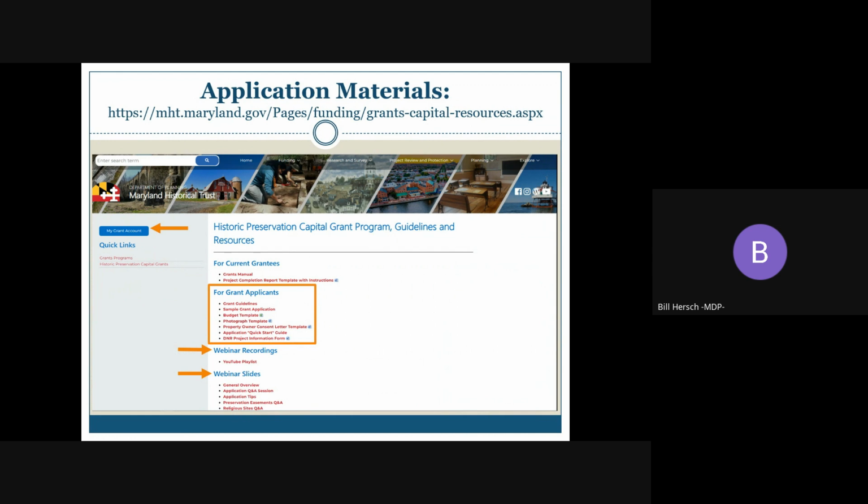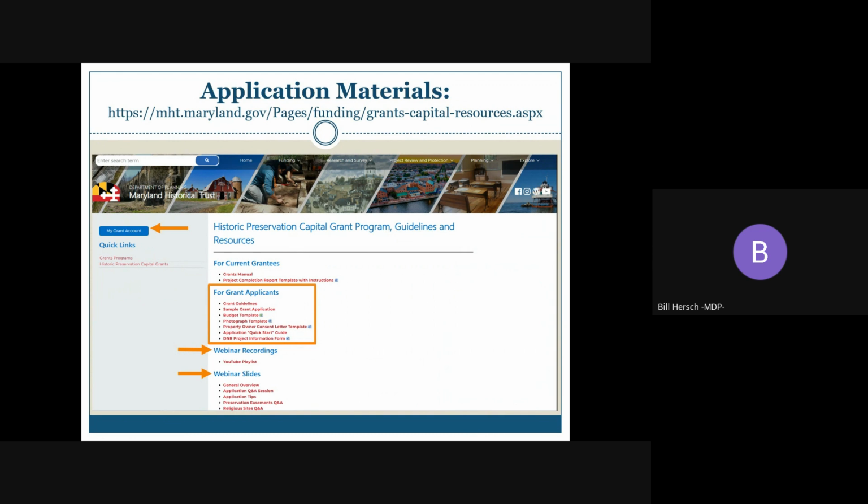As I mentioned before, the slides from today's webinar are available for download on our website, and our previously recorded webinars can be viewed on MHT's YouTube channel. This website is also where you can access the My Grant Account portal, where you'll submit your online grant application when it comes time. Please be aware that MHT's grants management system is in the middle of an update, and some programs, but not all, will be using the new system.